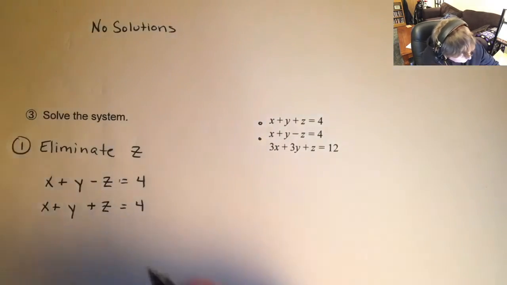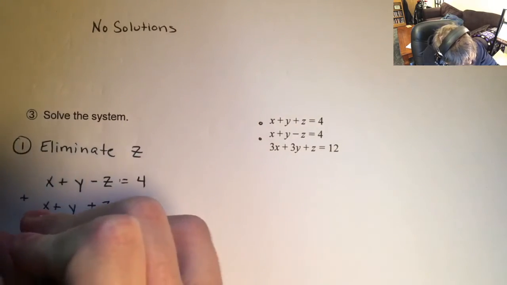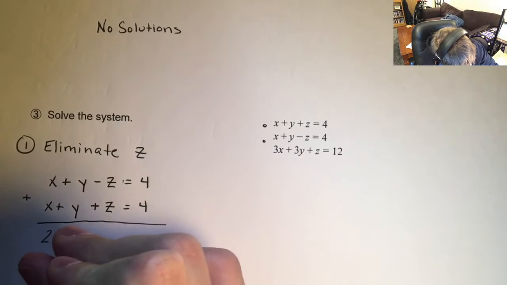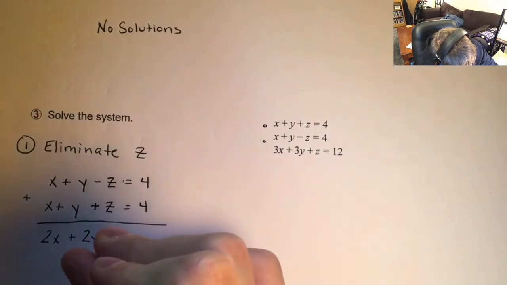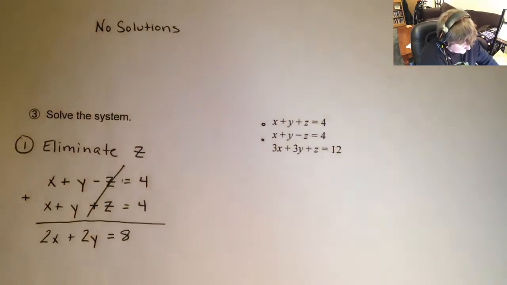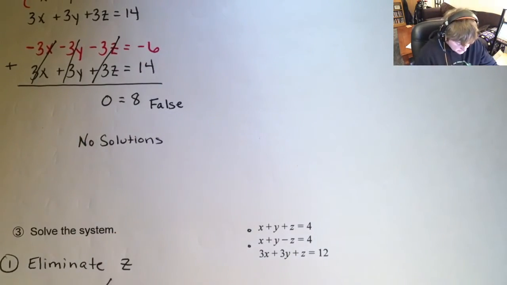Anyway, we already have opposites, so we can just add them together. We're going to get 2x plus 2y is equal to 8 because these cancel. Perfect. Alrighty, so I'm going to highlight that, as is our process.